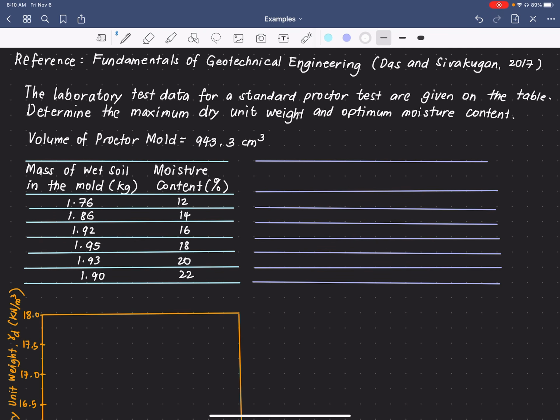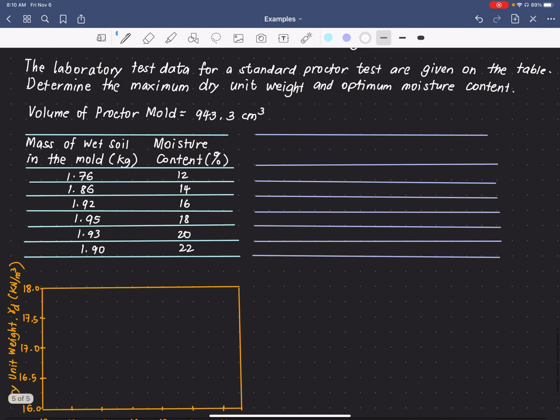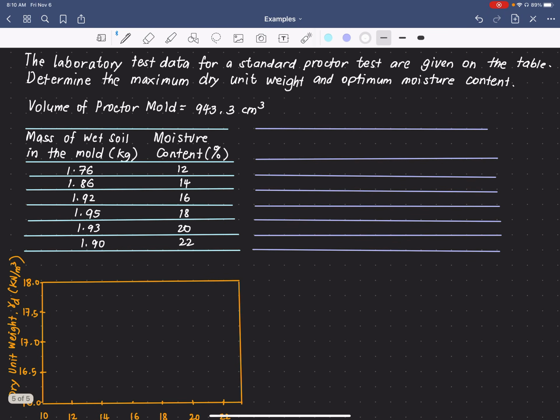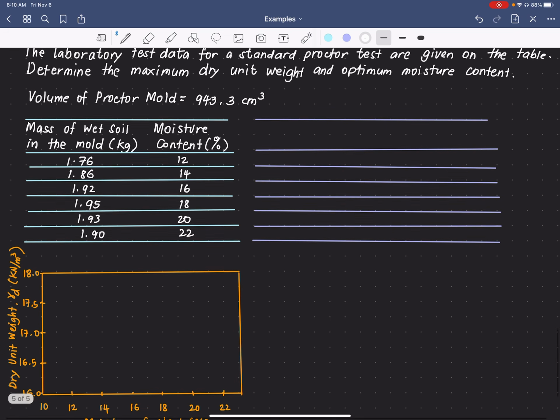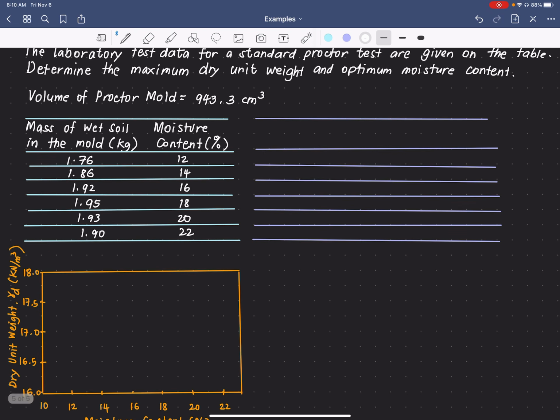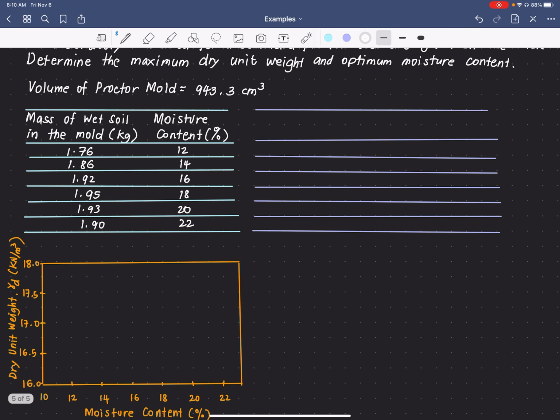So in order for us to determine the maximum dry unit weight and the optimum moisture content, we have to draw the compaction curve. The compaction curve will be drawn here in the graph below, which will show the relationship of the moisture content and the dry unit weight for each trial.